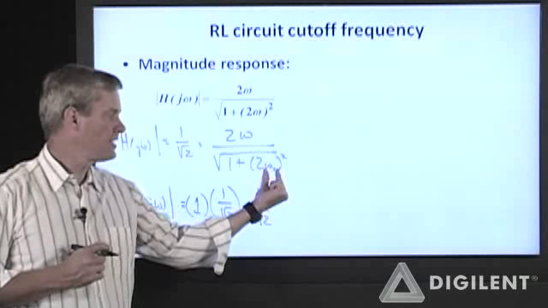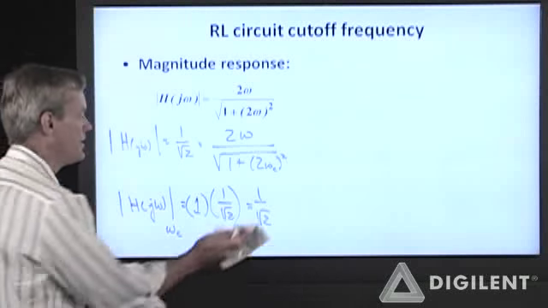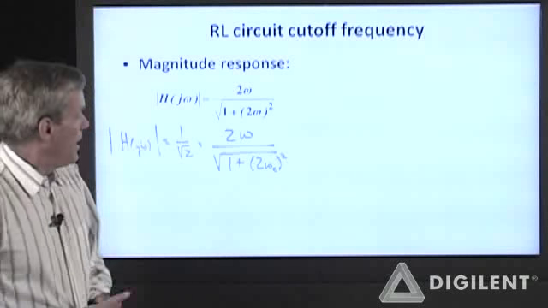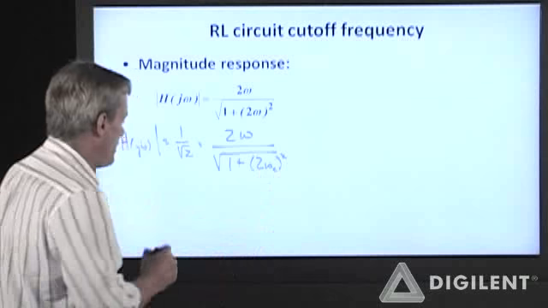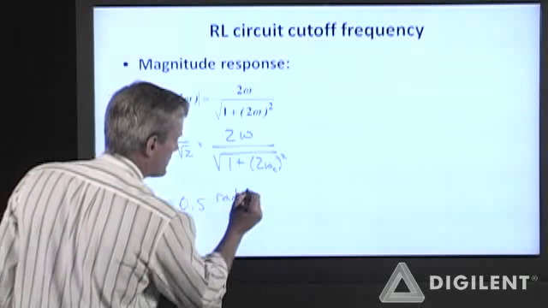Remember, omega sub c is the value of omega that makes this quantity 1 over root 2. I need for this term here to be 1, so omega sub c is equal to 0.5 radians per second.